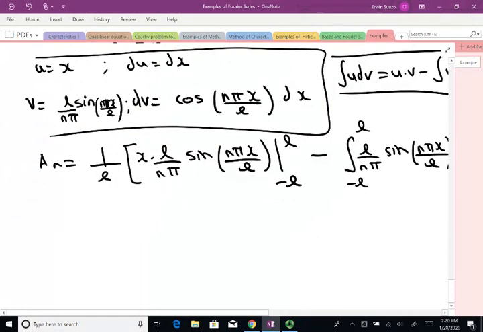Yeah, I think it's good. So once we plug in L, we notice that it's sine of n pi, and sine of n pi is 0. So I'm not gonna explain more than that. x times 0.